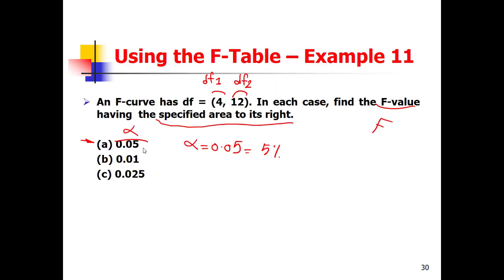So the F value here is 5.912. You can do it for the two other alphas. For those alphas, you have to use the other tables.